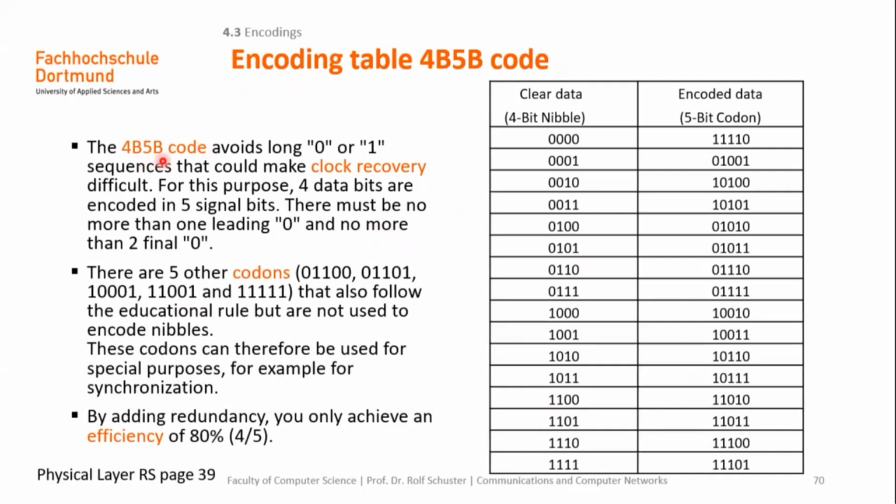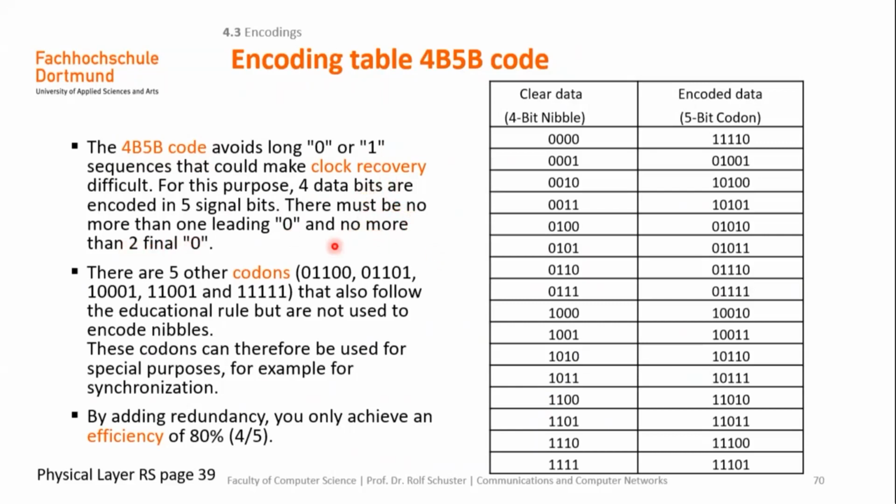The 4B/5B code avoids long 0 or 1 sequences that could make clock recovery difficult. For this purpose, 4 data bits are encoded in 5 signal bits. There must be no more than 1 leading 0 and no more than 2 final zeros.